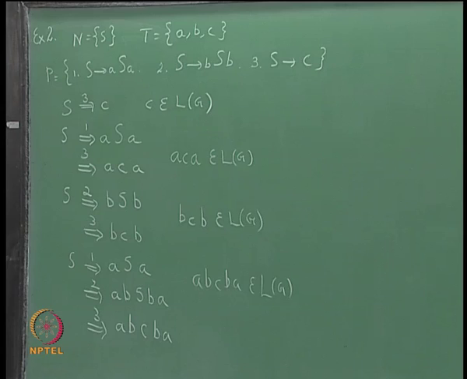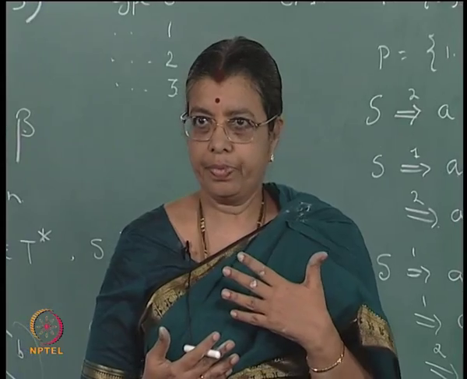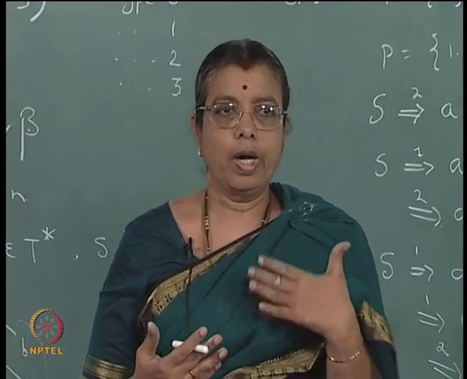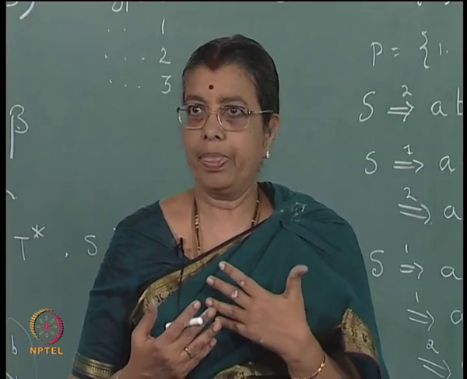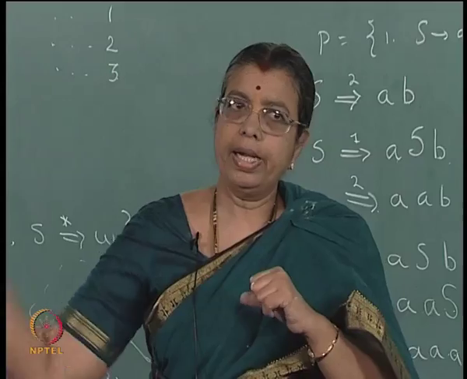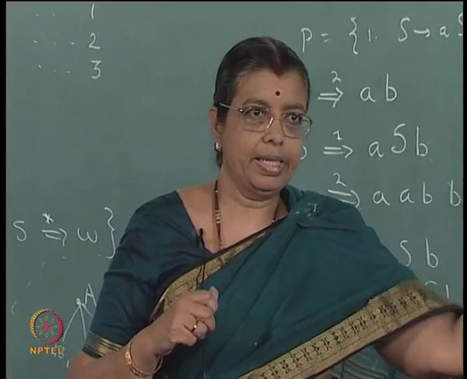But before applying rule 3, rule 1 and 2 you can apply again and again in any order. Either apply 1 or 2 and 2 and 1 or 1, 1, 2, any order you can apply. But whenever you apply rule 1, one A will be generated this side, one A will be generated this side.